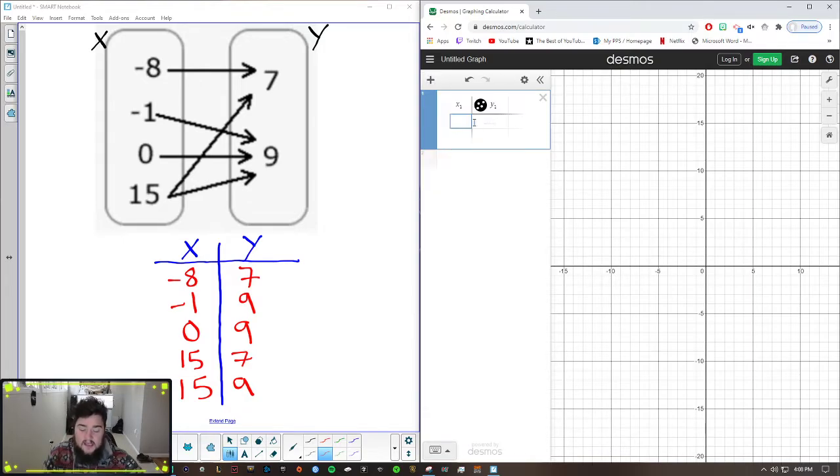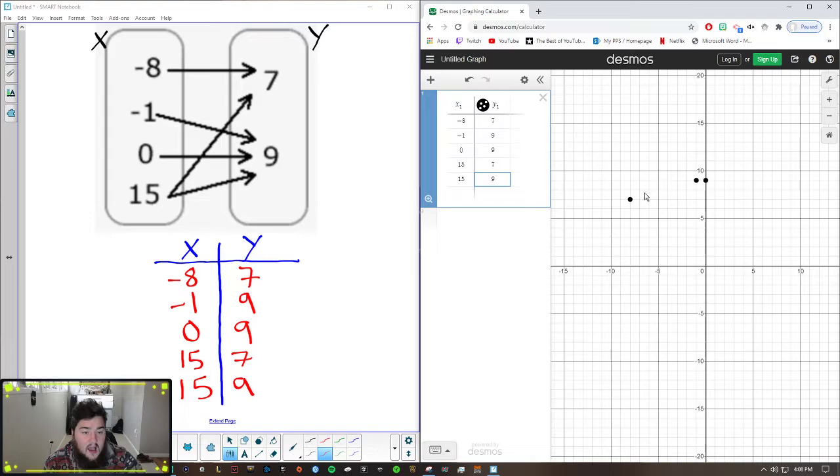I'm going to type my table into Desmos. x values: -8, -1, 0. Don't forget we had two 15s. Y values, I had 7, 9, 9, 7, 9.